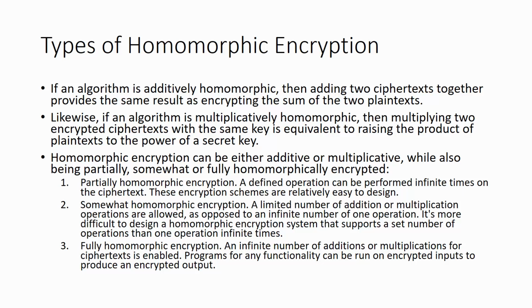Somewhat homomorphic encryption is basically a scheme where a limited number of addition or multiplication operations are allowed, as opposed to an infinite number of one operation. It is more difficult to design a homomorphic encryption system that supports a set of operations than one operation infinite times. Finally, fully homomorphic encryption is where an infinite number of additions or multiplications on encrypted data is enabled, and programs or any functionality can be run on encrypted inputs to produce an encrypted output.